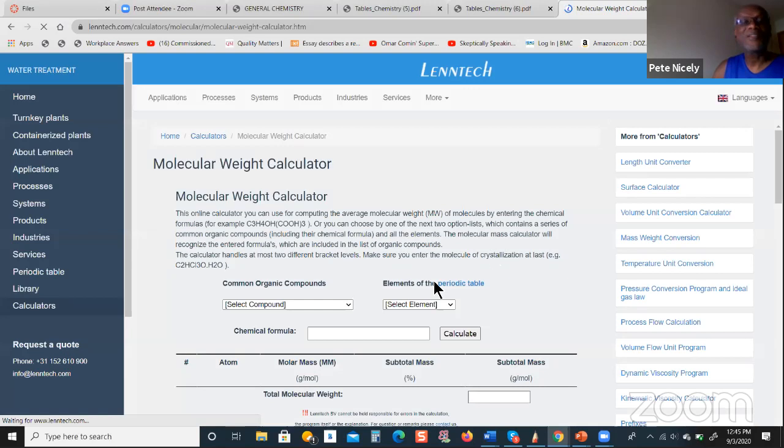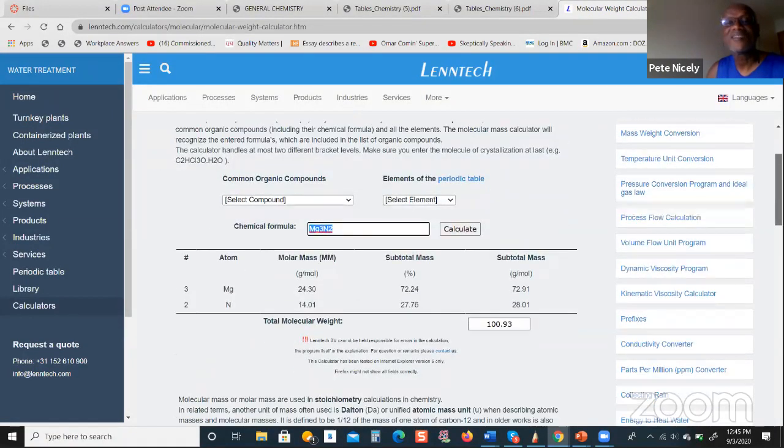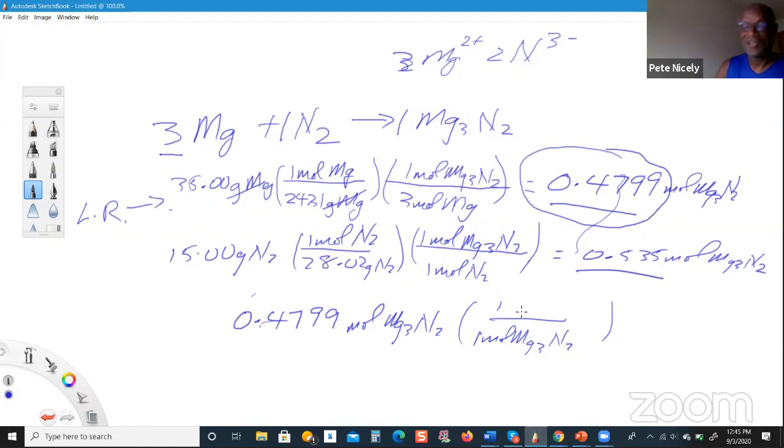And the way this works is that you just put in your formula, press calculate, and it gives you the molar mass. So for magnesium nitride, it's 100.93. So let me go here, and I'm going to write 100.93 grams of Mg3N2 and work that out.